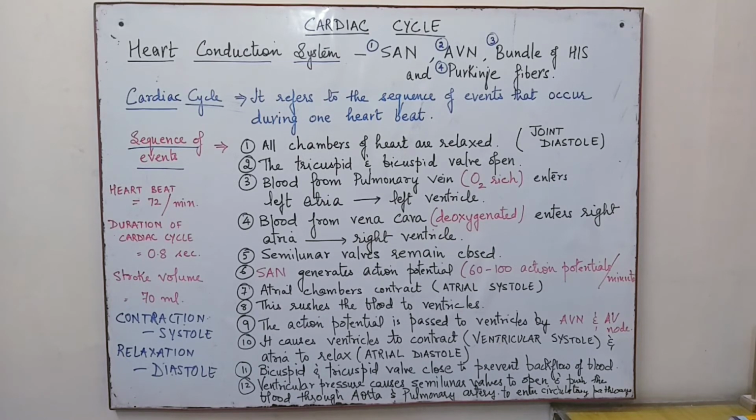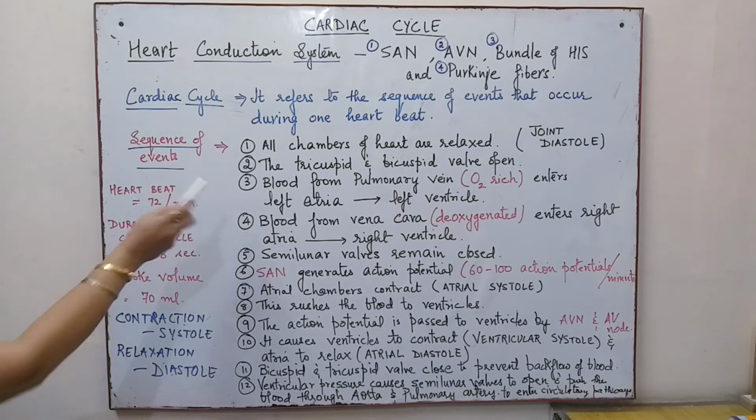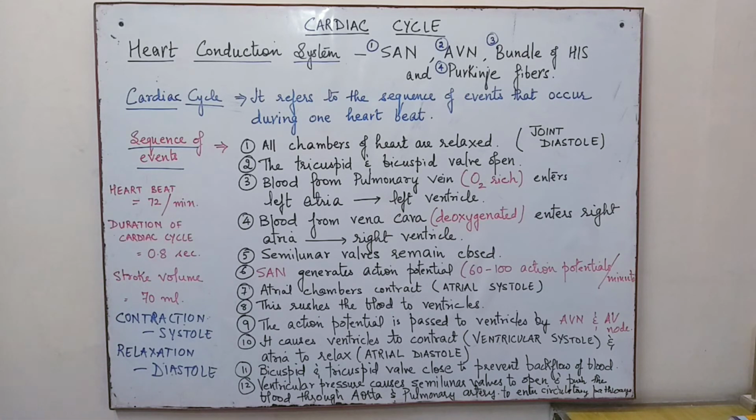After this, the tricuspid and the bicuspid valves open. At the same time, the pulmonary vein carries oxygen-rich blood from the lungs to the heart, and it enters the left atrium, from where it will pass on to the left ventricle.